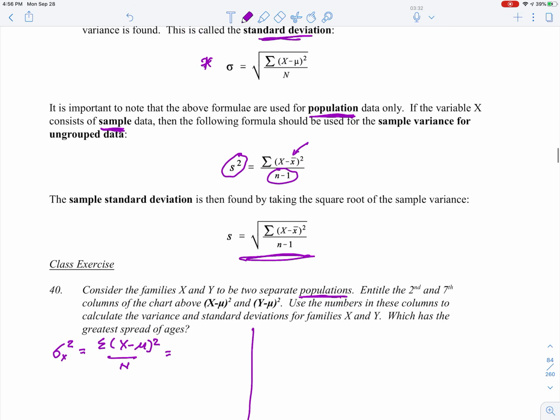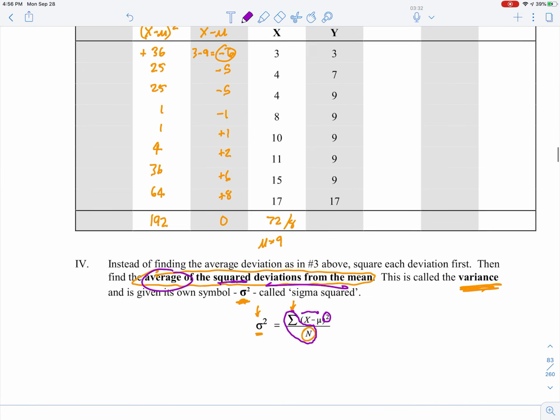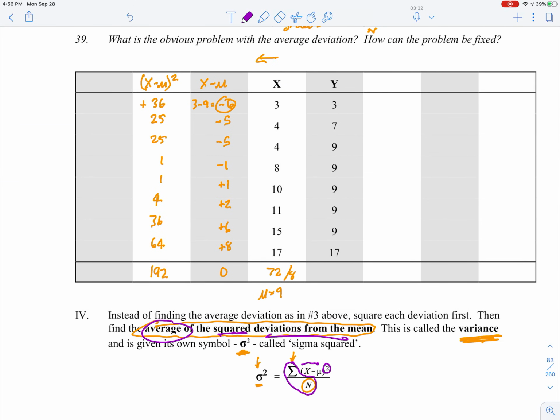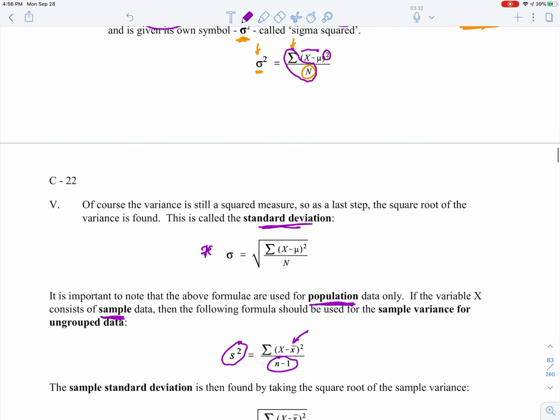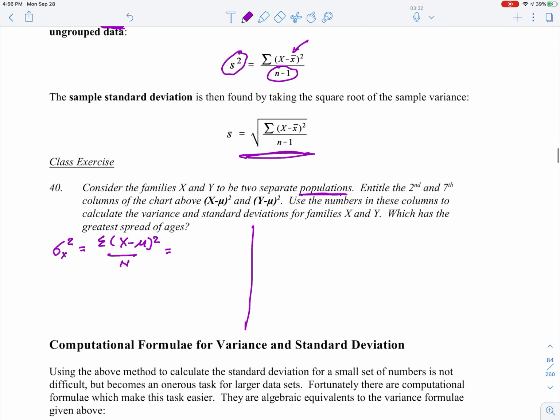Now, we have already calculated up here this number right here, which is the numerator. That's the sum of the x minus mu's squared. And then we just need to divide through by n, which is 8. There's 8 numbers. And so that's 192. Divide that by 8, and that gives us 24.